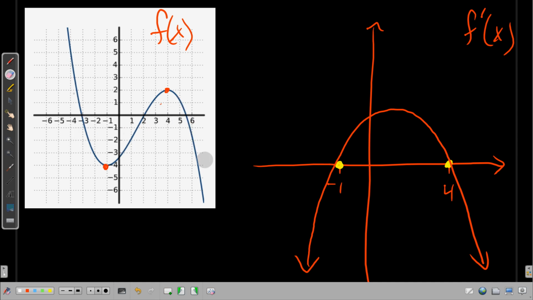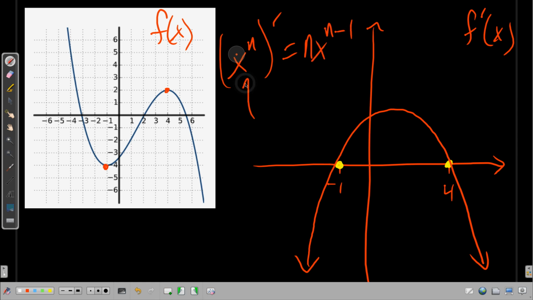Now I want you to notice here that this function f of x is a degree 3 function. It's a cubic function, and this one over here is a second degree function. It's just 1 degree less. All your polynomials will behave this way, and you sort of already knew that because of the derivative of x to the n being 1 degree less than where you started.